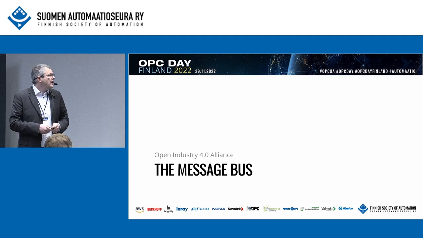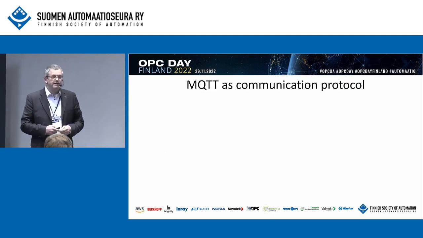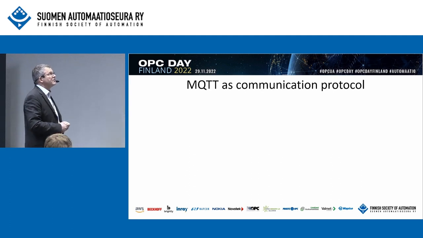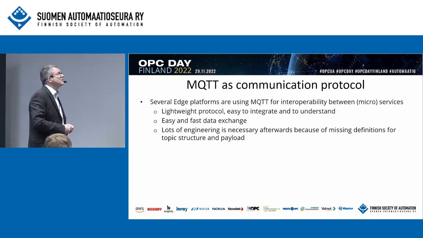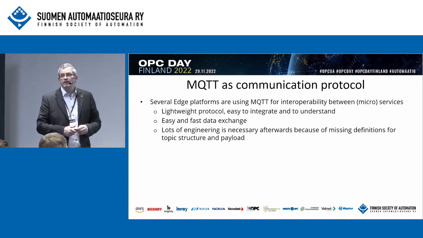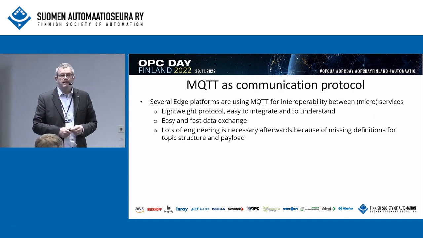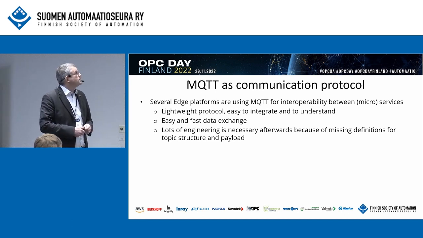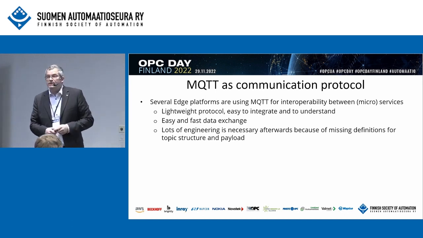First of all, I would like to explain why we took the message bus as it is today. We took MQTT as a communication protocol because several edge platforms are already using it for interoperability. The protocol is lightweight and easy to use and to integrate.